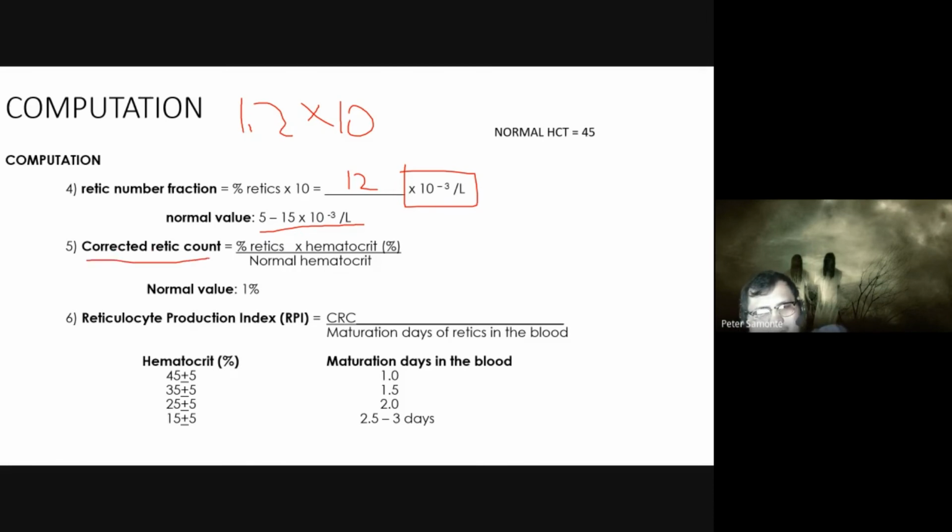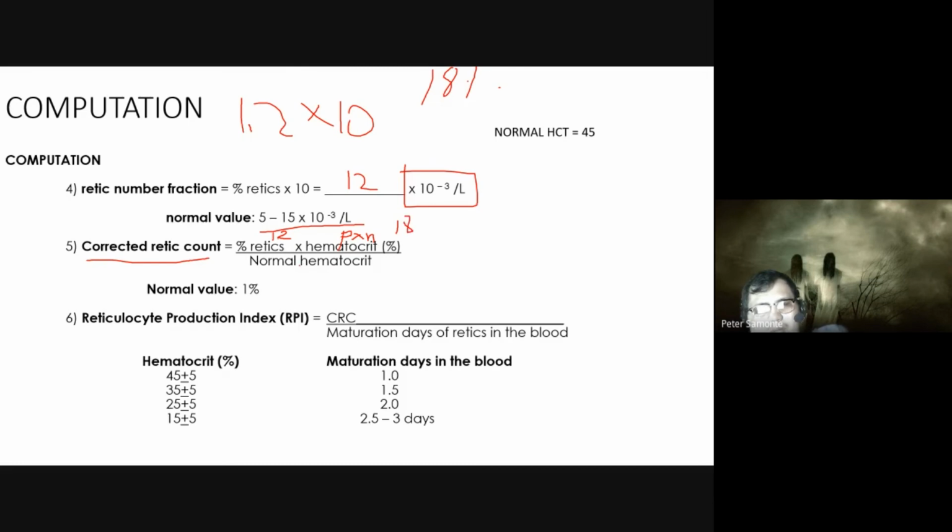Then we also have your corrected reticulocyte count. So you have your percent retics times hematocrit divided by normal hematocrit. Your percent retics is 1.2. The hematocrit here, class, would refer to the patient. So let's say the hematocrit is 18%.